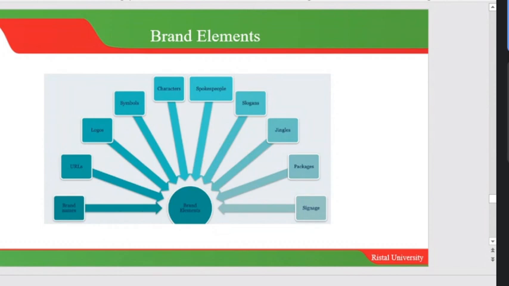But also you should be able to have characters, and these are writings. And then spokespeople, you should be able to have people who can freely talk about your product or your brand. Then you should have slogans. For example, the American slogan of "Yes, we can."